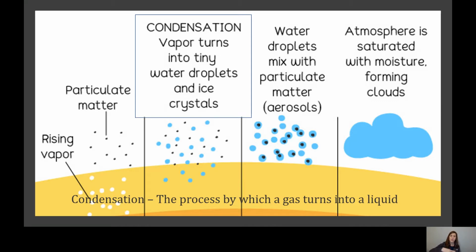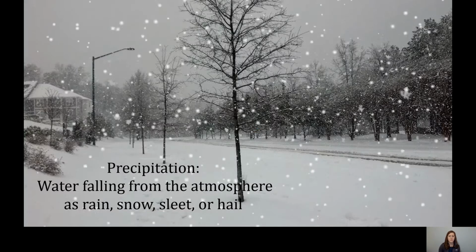The water vapor that rises into the atmosphere, that's water in the gaseous state, when it encounters a little ice crystal or a little speck of dust, will condense onto that piece of dust or ice crystal and form liquid water again. So clouds are little tiny droplets of liquid water that have condensed.